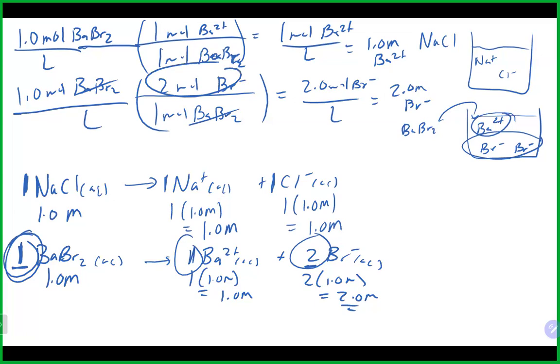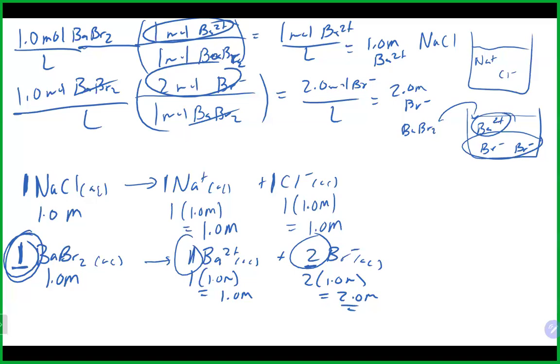So times 2, or times 1, is the shortcut. You can do the long version of that calculation, or use the shortcut based on whatever it breaks apart into. If you want the molarity of just the ion by itself, that's more efficient. So if it broke apart into a 1 to 3 relationship, you would multiply the molarity by 3, and so forth. Any questions on that?